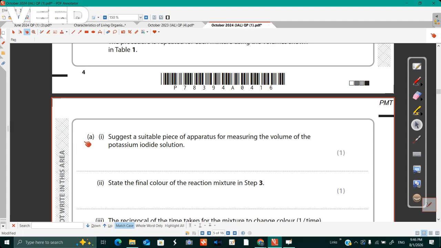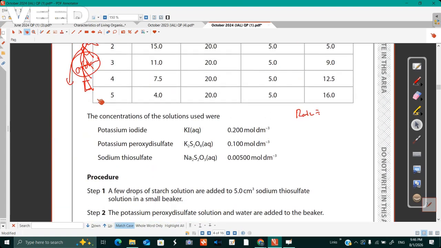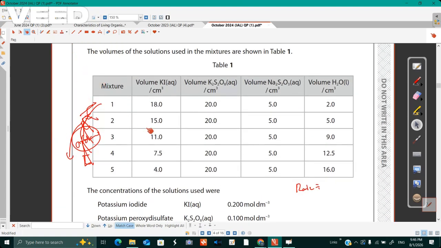Suggest a suitable piece of apparatus for measuring the volume of the potassium iodide solution. These are volumes, so you can't use a fixed volume pipette. The variable volumes are there, but the best one is the burette.